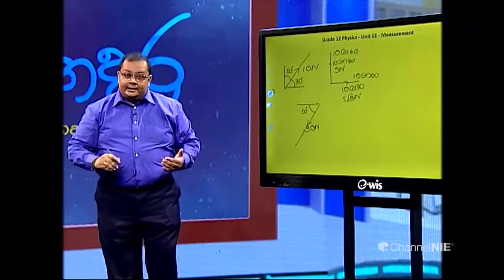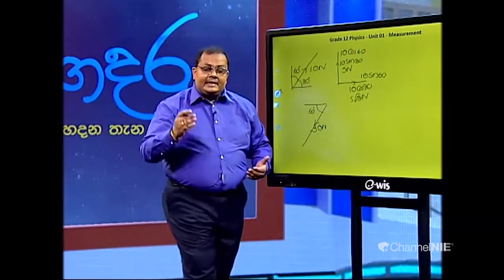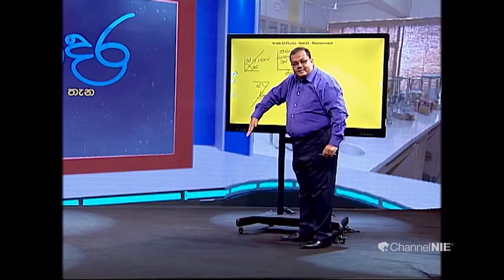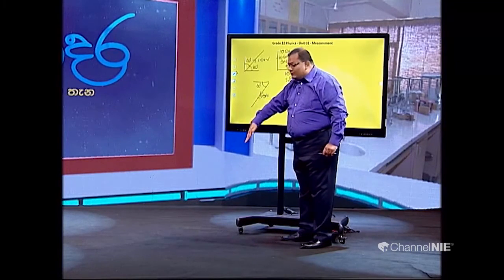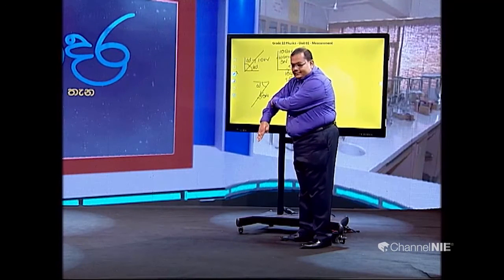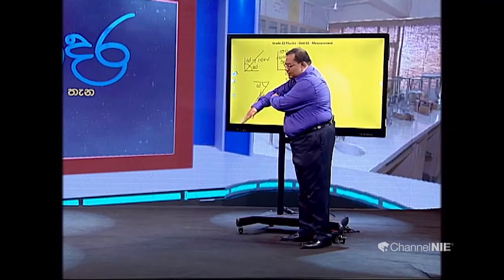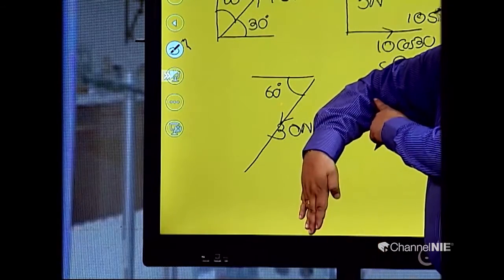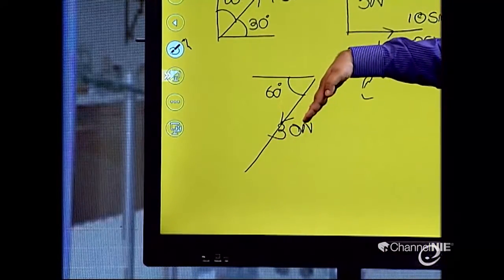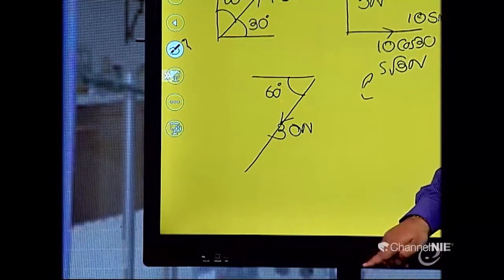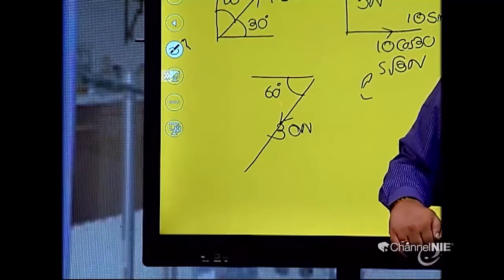Now, how do you take components of them? Same principle, it doesn't change. Then arrowhead this way, you can see, downwards. I told you it should be rotated about the initial point. Then in the direction of the angle, always cos, another one sin.